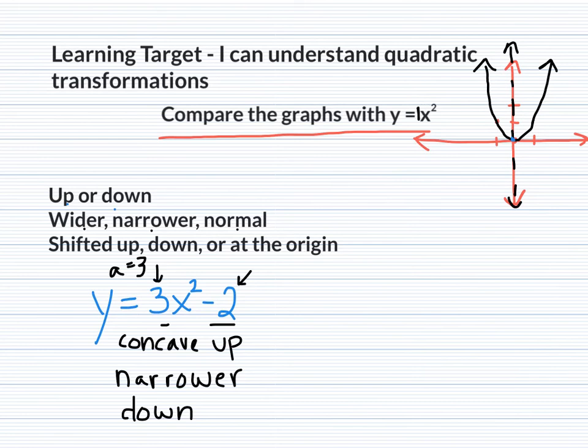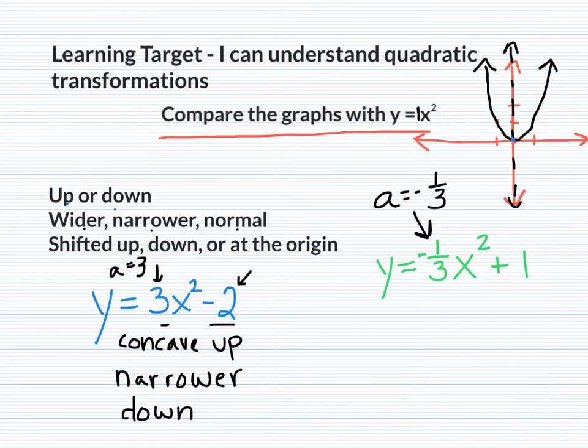If we looked at another example, y equals, let's say we have negative a third x squared plus 1. Okay, so as we look at this, again, looking at that A value, A is -1/3.